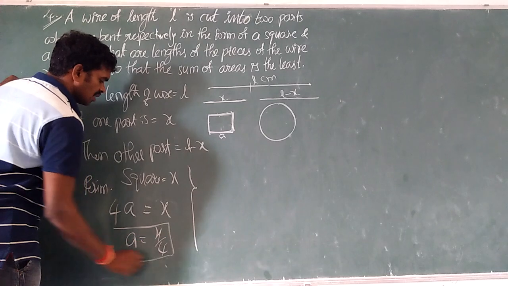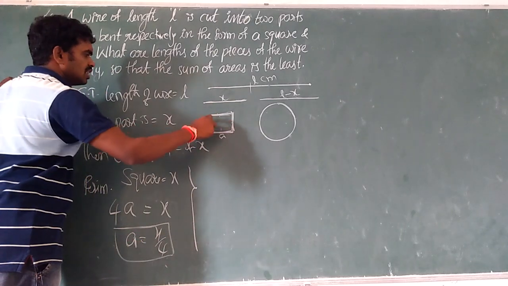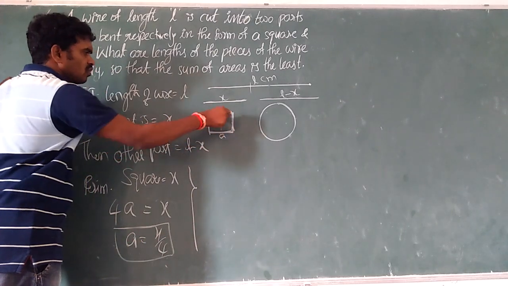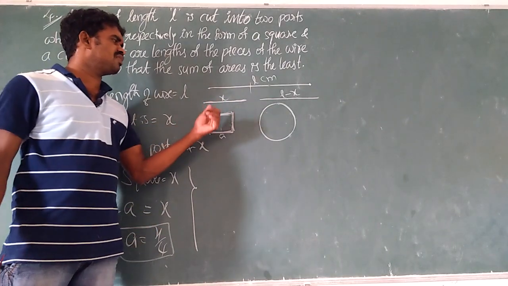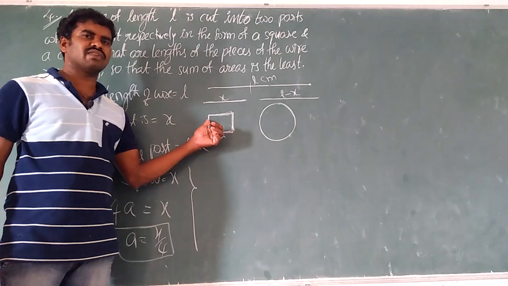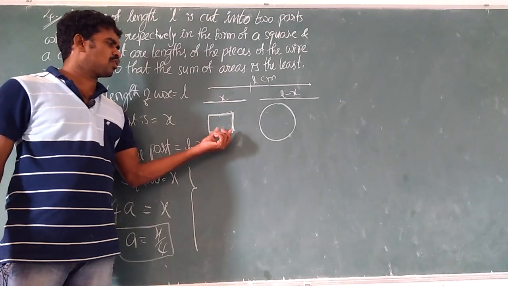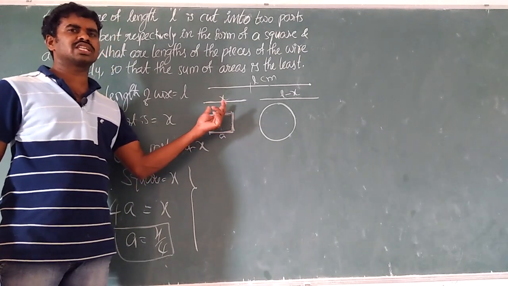Each side is x by 4, x by 4, x by 4, x by 4. If x is divided into 4 equal parts, each part is x by 4.